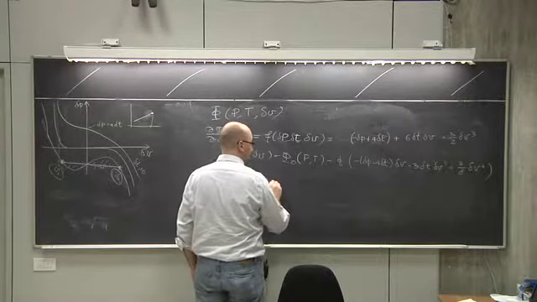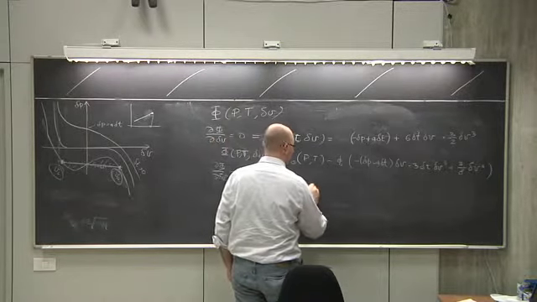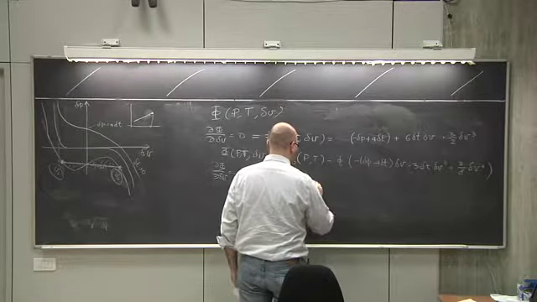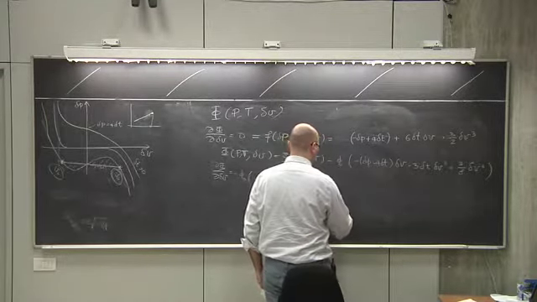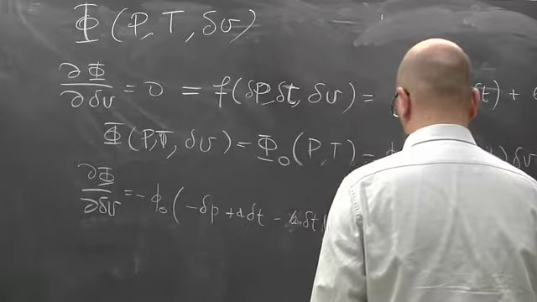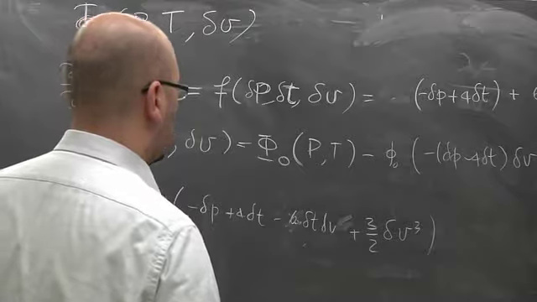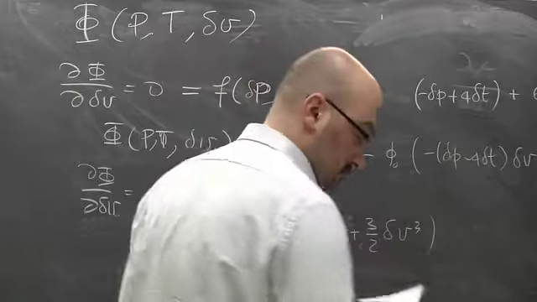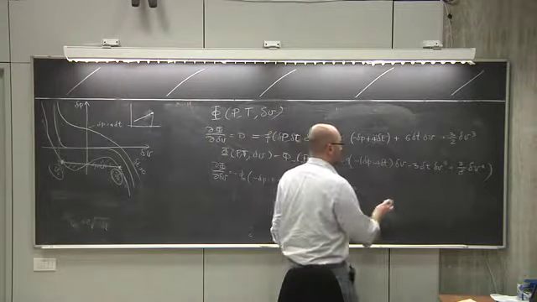Minus delta P plus 4 delta T minus 3 delta T minus 6 delta T delta V square, delta V, sorry, I'm taking the derivative, plus 3 half delta V cube, and this has to be, okay. So here is the difference, right? Because we had, this was negative and this was negative as well.